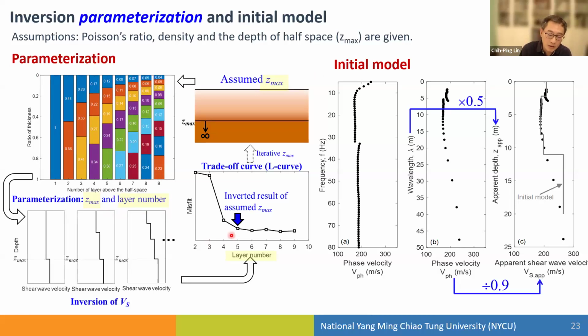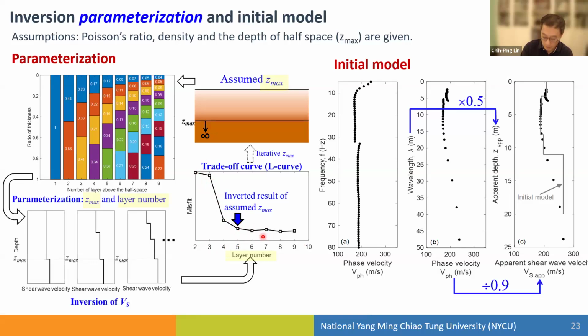We don't want to overfit. We want to find the simplest model that can explain the data reasonably well. This shows the different layer numbers and the misfit, and we find this L-curve, and the corner would be considered a more objective best estimate.